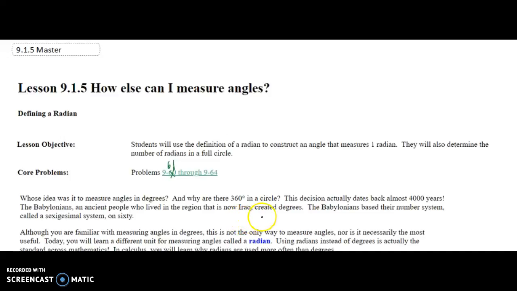Part of that is because the Babylonians used a numbering system based on base 60. We're used to using a base 10 numbering system mainly. So 360 comes partly from the numbering system.